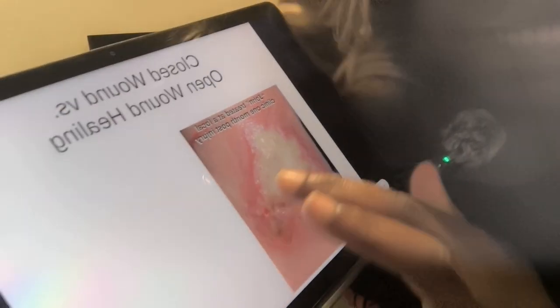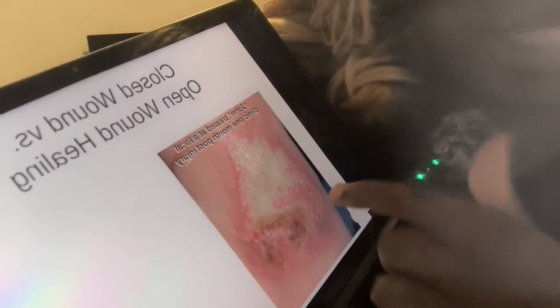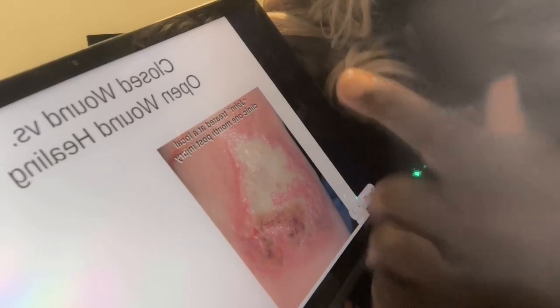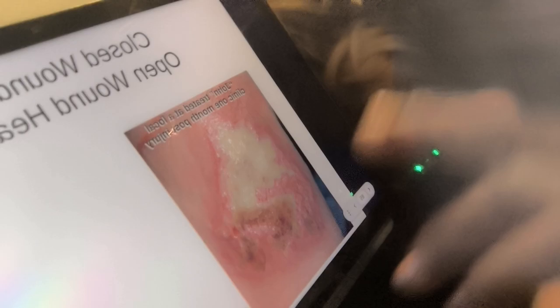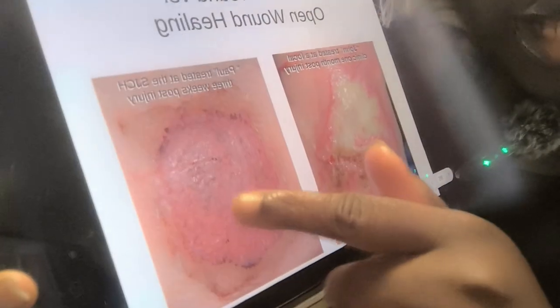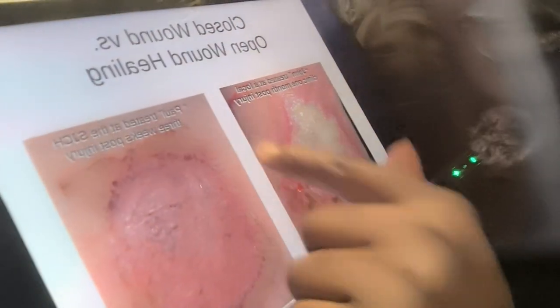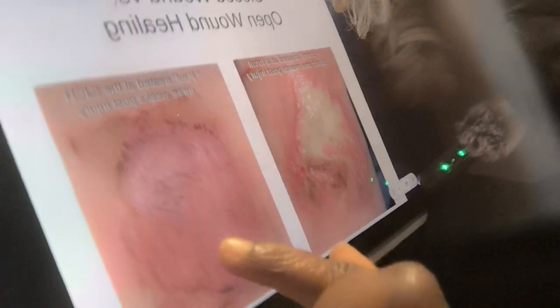This is a patient that was treated at a local clinic 1 month post injury of the burn. This looks like a scarring burn versus another patient that was treated at the burn center, and this is 3 weeks post injury.